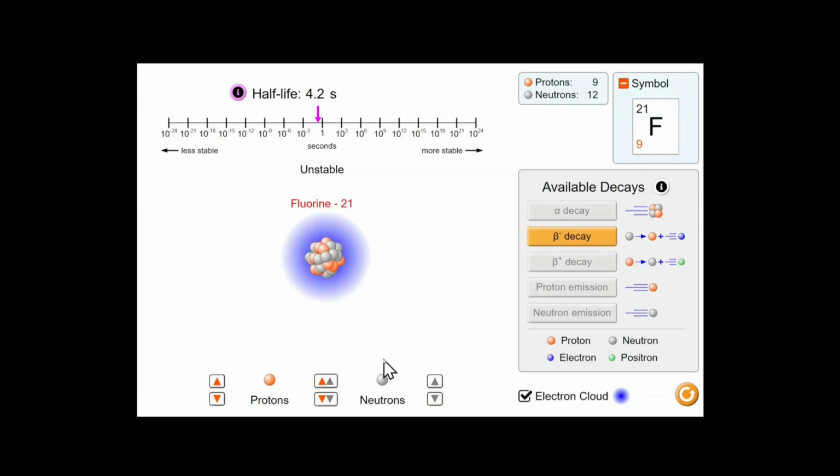So we have the electrons here, and when we eject an electron, it's going to come from the nucleus, not from the existing electrons. Now it's stable. So we gained a proton, we lost a neutron, now we have neon. And we know this is really, really stable. It's radioactively stable. It's also chemically stable. It's a noble gas. So it's going to be in that valley of stability there.